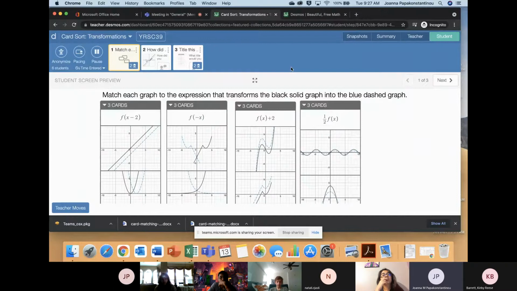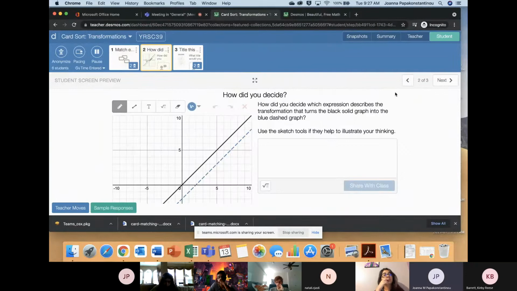We're good? We got it? Okay. Now, if we look at number 2, again, you could describe it as a horizontal shift to the right 2, so f of x minus 2, or you could have seen this as a shift down. So either one, depending on how you used the transformation.